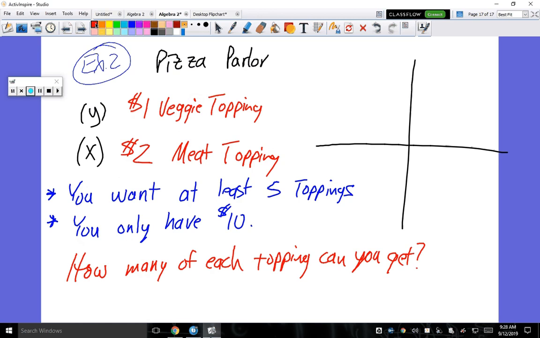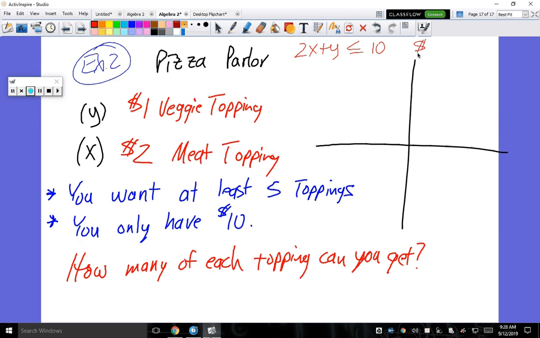Help us set up one equation. 2x plus y is less than or equal to 10. Perfect. The equation he gave us is talking about money.